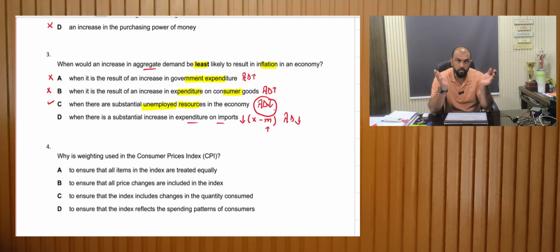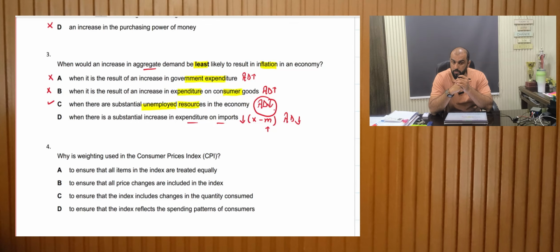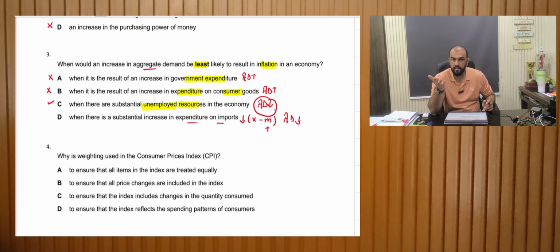Now C and D both supposedly are right, but the issue is that D is incomplete information. We don't know what happened to the exports. Whereas C explicitly states that the aggregate demand is decreasing. Whenever there is unemployment of resources, this means that the aggregate demand has fallen. So that is why D cannot be the right answer.